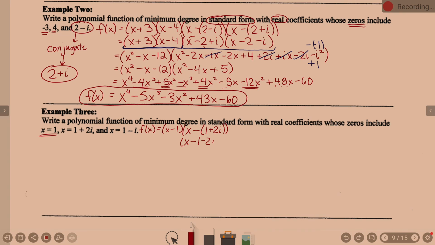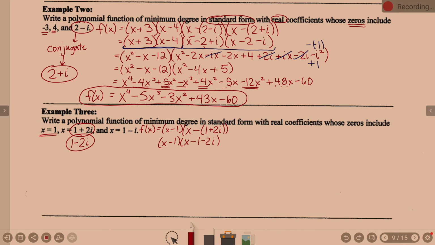What do we know about 1 plus 2i before we move on? Its conjugate is 1 minus 2i. You want conjugates next to each other when you multiply. If you don't put conjugates next to each other, your multiplying is going to be a lot worse than what you've seen, because things won't cancel initially.